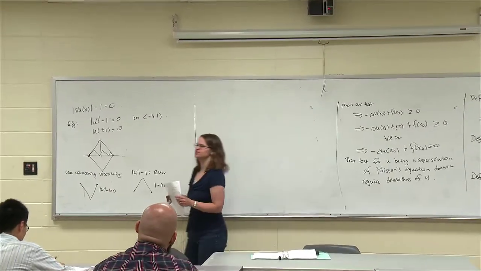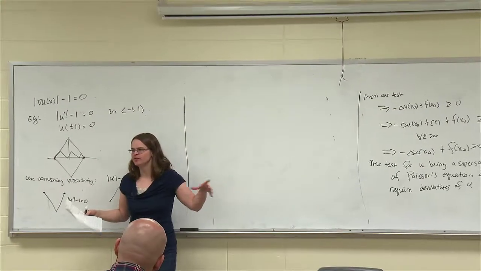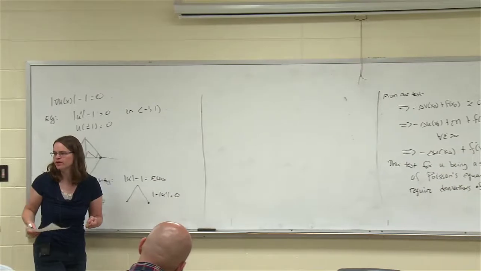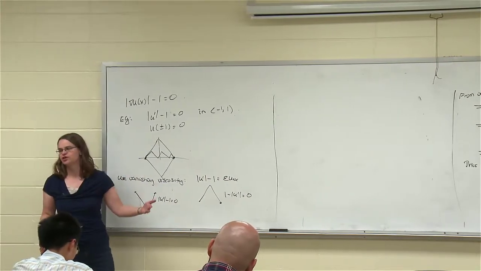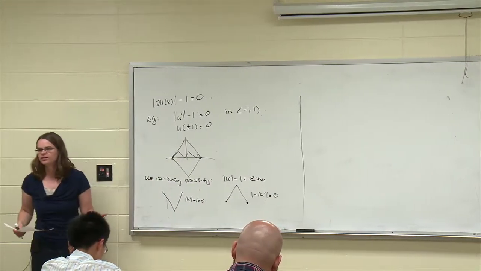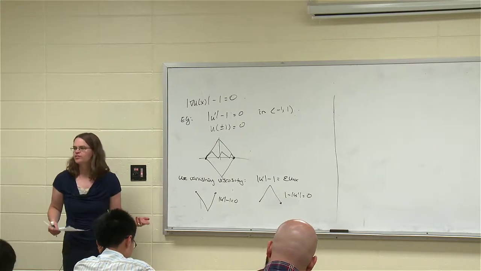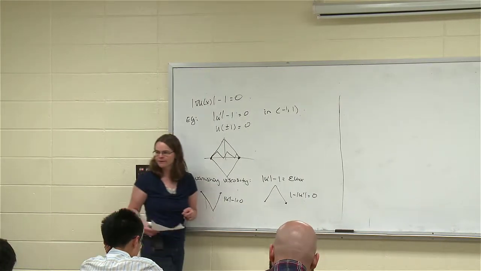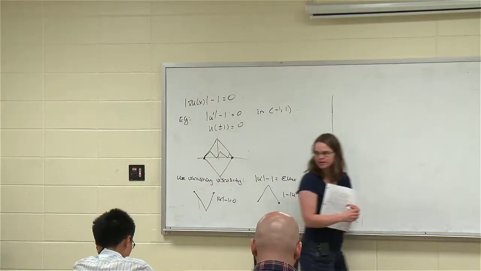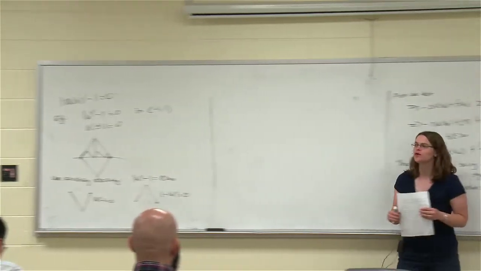For first-order equations, it's kind of easy to make general theorems about uniqueness, for example. For second-order equations, the results are often very highly problem-specific. And sometimes you need to tweak things a little bit, or even tweak what you mean by uniqueness.